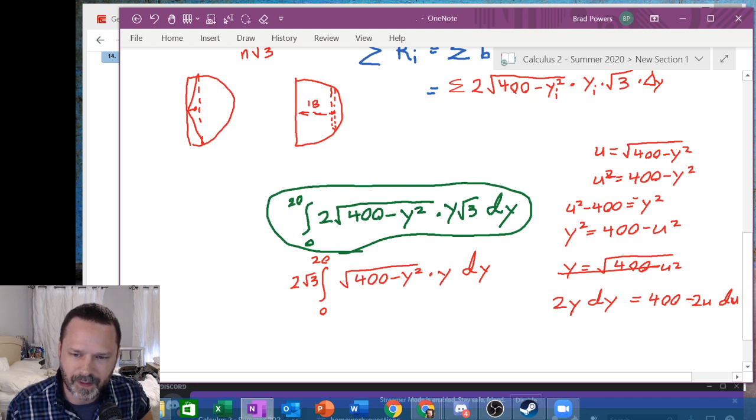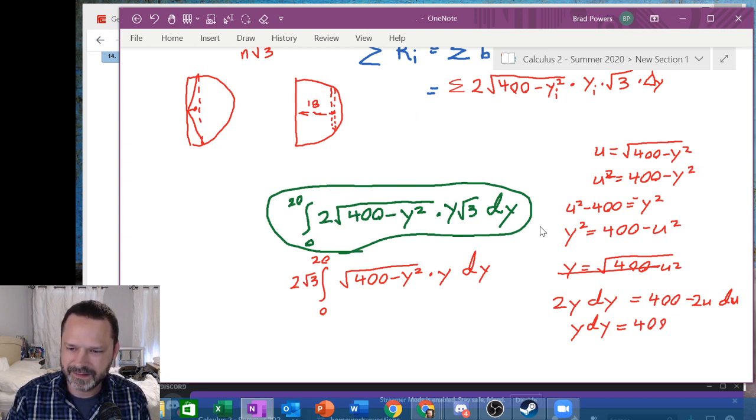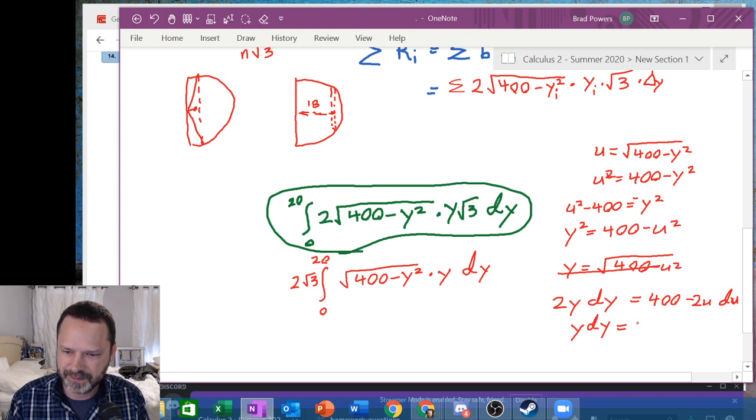So I got y dy would equal 400. No, I think this would work. 400 minus, oh, actually, divide both sides by 2 would be 200 minus u du. There. Does that make sense?